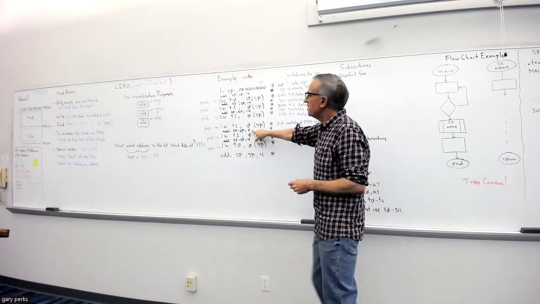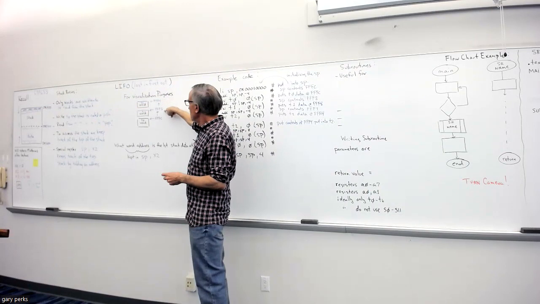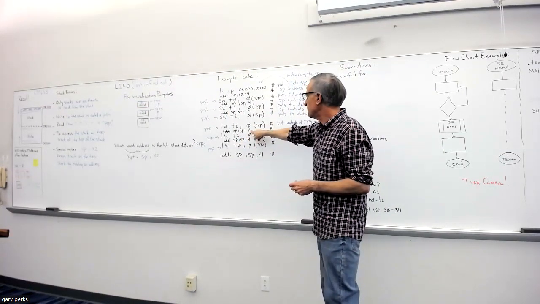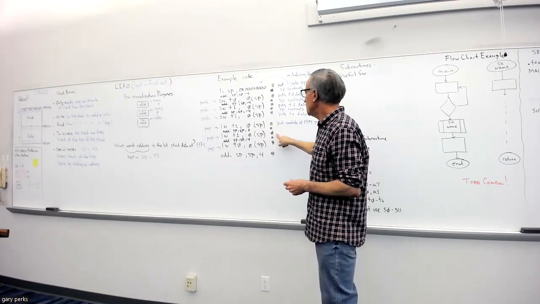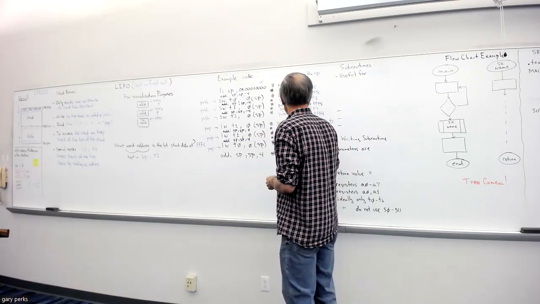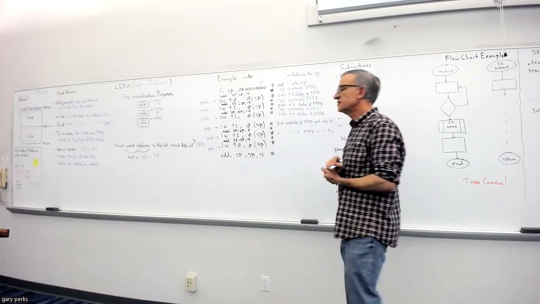Then the next line will just move the pointer down to the word address of T1. That's what this does here. And then we do another load word, so that's going to put the contents at F8 into T1.